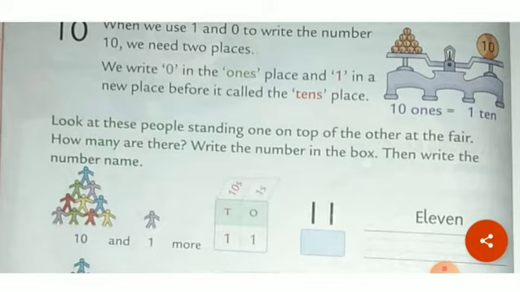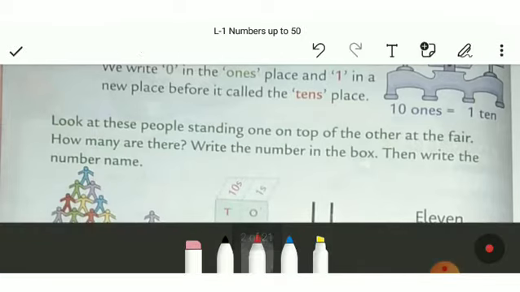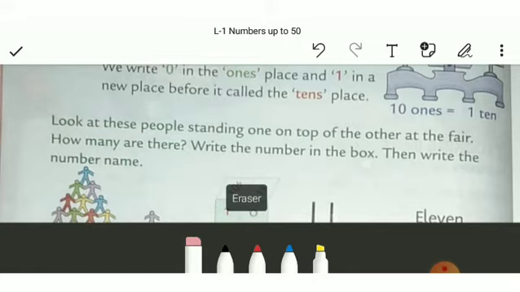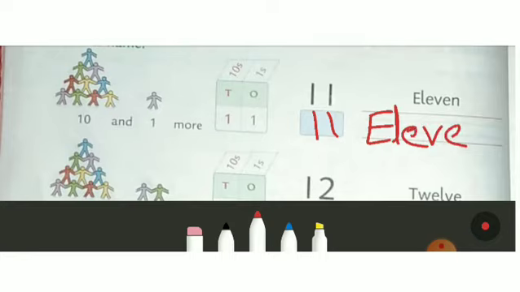So we have to write 11 in the given box and write its number name on the line, ELEVEN. This way you have to complete the remaining numbers from 11 to 20.